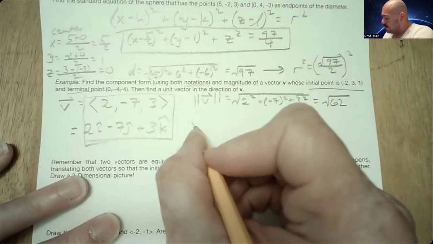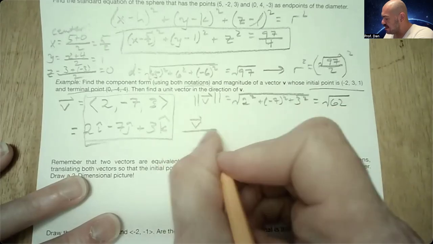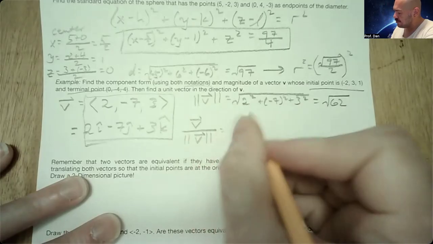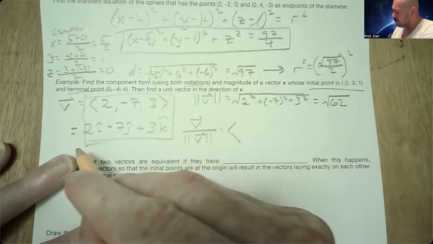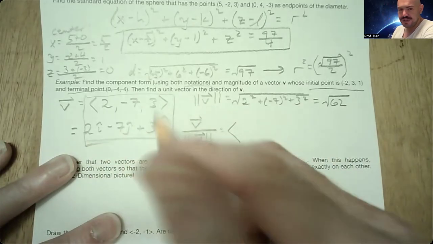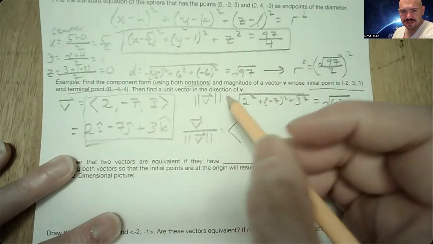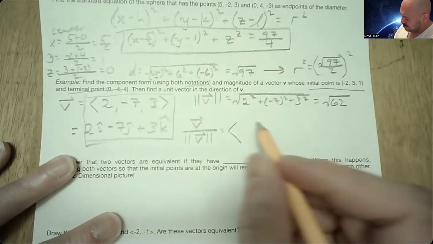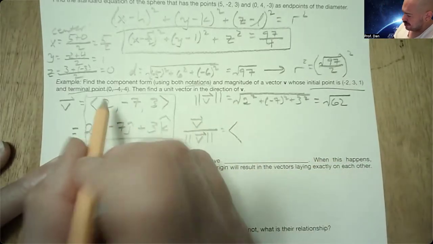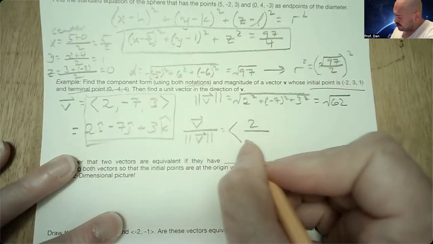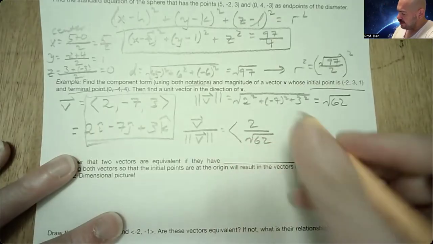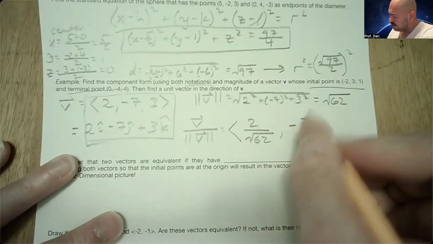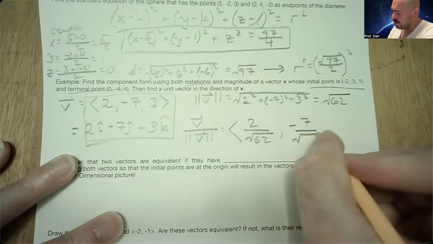So my unit vector is going to be my vector v divided by the magnitude. And I can use either notation here. For the unit vector, it didn't really say I had to use one or the other. So I'm going with the pointy brackets. My x component is going to be 2 divided by that magnitude. Y component, we've got -7 divided by the magnitude.